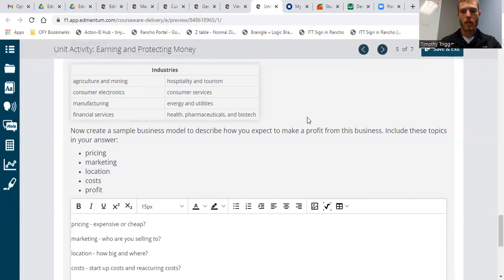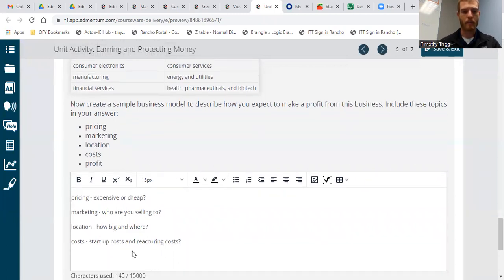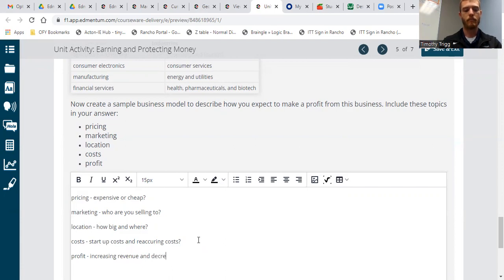Lastly, profit. How does your business plan to make a profit? That's pretty straightforward. Basically, you want to talk about two things: increasing revenue and decreasing costs. These are the two ways you basically create profit.